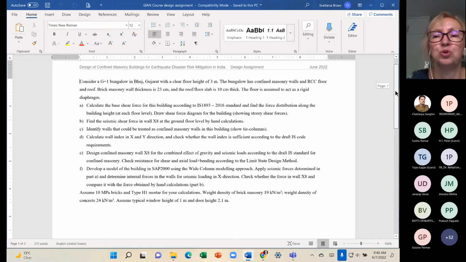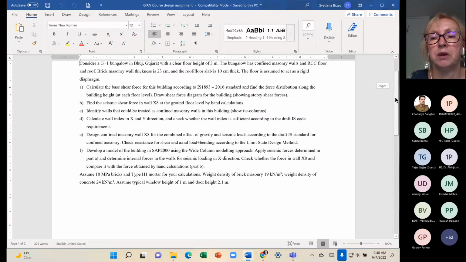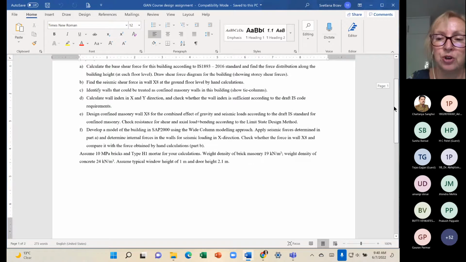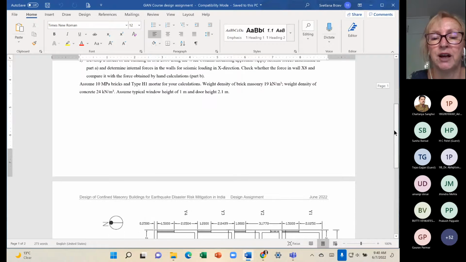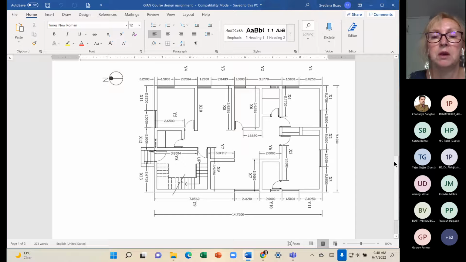We initially wanted to do a project of a hostel building, but it was given up because of the nature of the course being online. It is a bungalow building, very similar to the one in chapter 7 of the book, but it gives some dimensions of the walls.